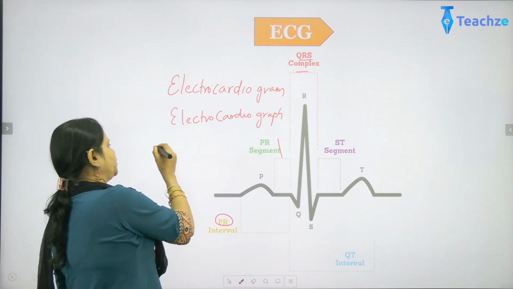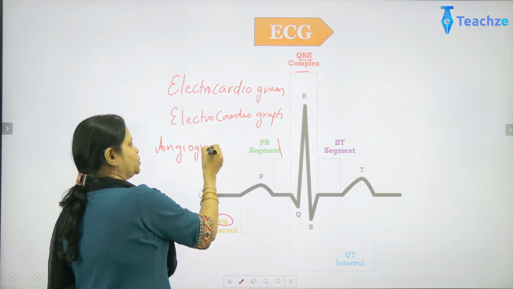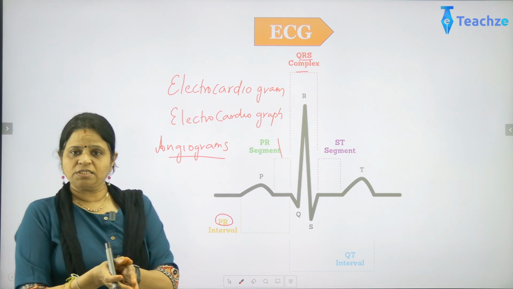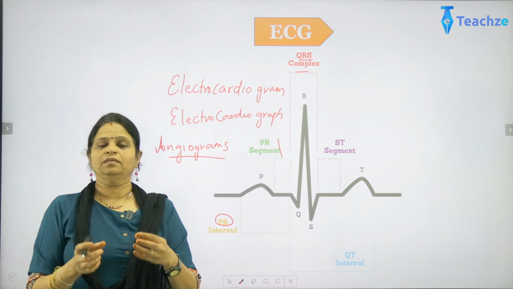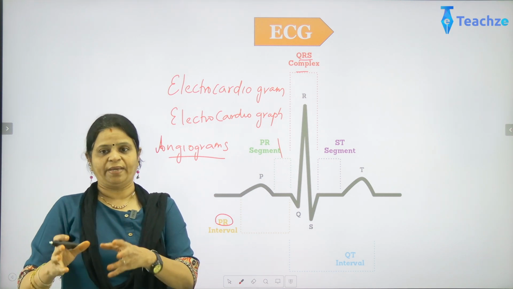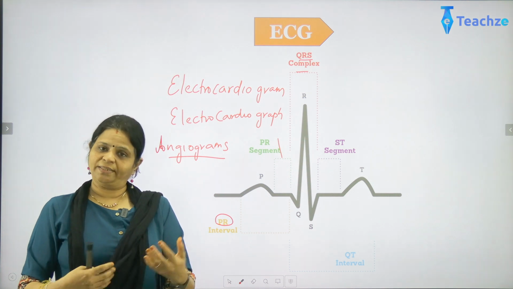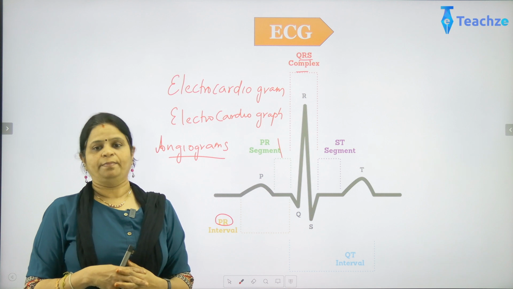The angiogram will help you understand where the blocks are, and you can actually remove the heart blocks. So heart blocks, heart attacks, heart not beating the same way, pulse variations, blood pressure and heart attack are some of the diseases we come across.